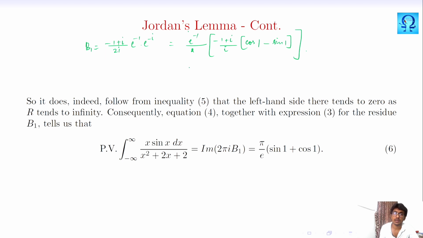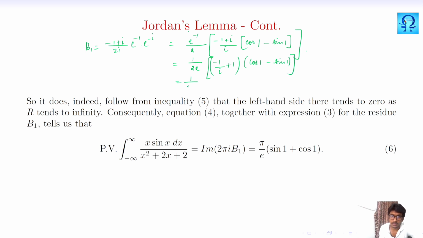So this is what now. So 1 upon 2e, let me just write it this way. I'll write it as -1/i + i/i, that becomes 1. So I'll have to multiply this quantity with cosine 1 minus i sine 1.